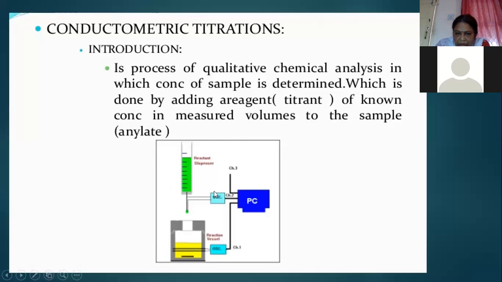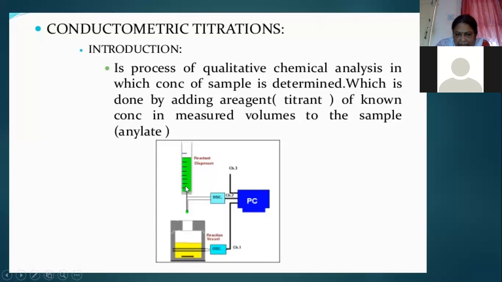So usually what we do is we take the solution in the beaker. Suppose we take a strong acid or a weak acid or an acid mixture inside the beaker, and in the burette there is a base like sodium hydroxide or ammonium hydroxide, and slowly the sodium hydroxide is added to the acid at a fixed volume.